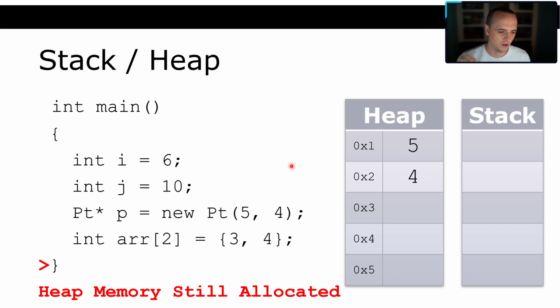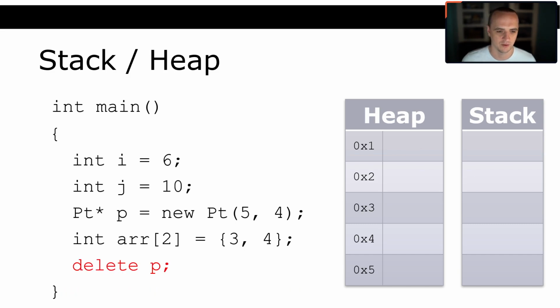So it's not always the case that you would want memory to be cleaned up at the end of a block of code's scope. However, usually that is the case, all right? You'll see by the end of this lecture where you would want that to happen and where you wouldn't.